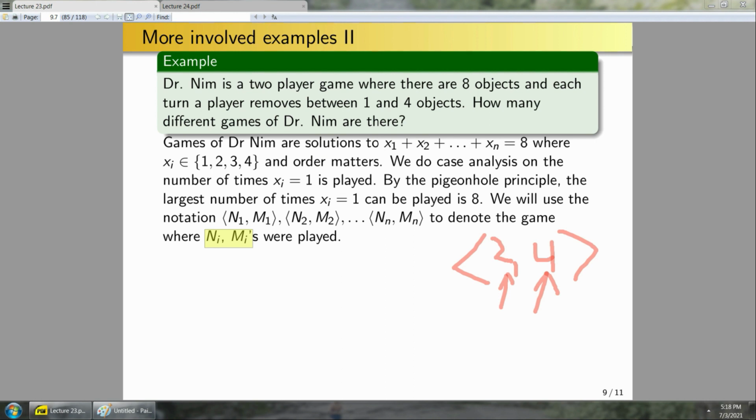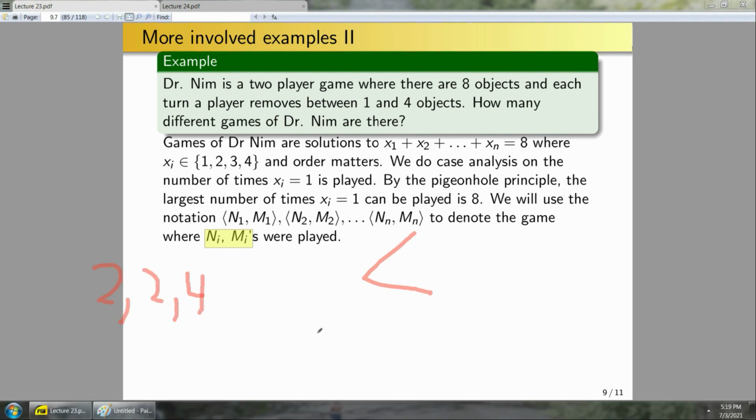To give another example, in the game where one player plays a 2, the other player plays a 2, and then the final player plays a 4, that game would be denoted by 2, 2, 1, 4, because there are 2 number 2s and 1 number 4. I'm simply using this notation out of convenience.